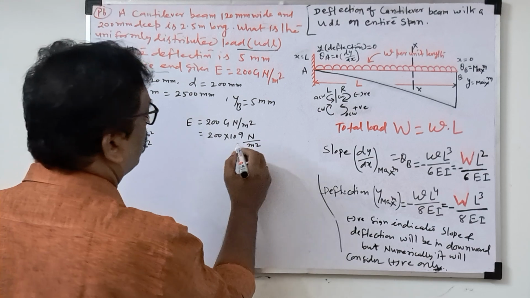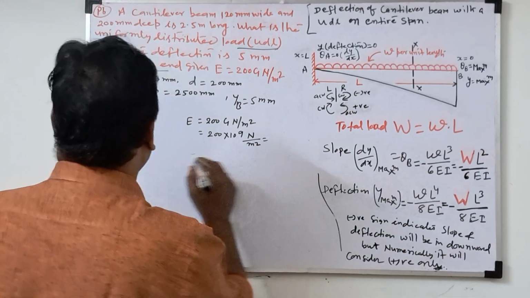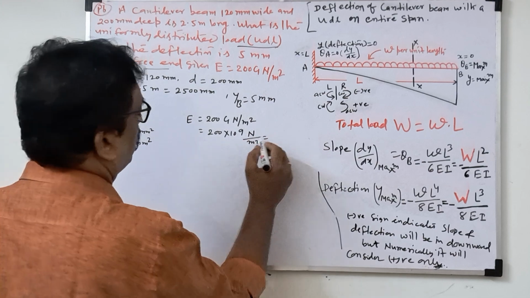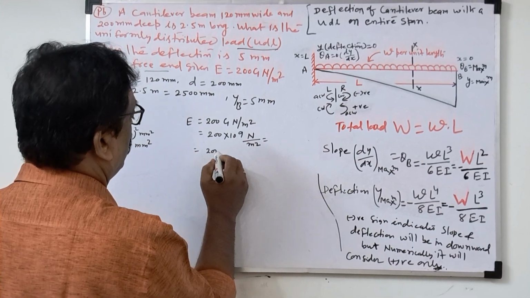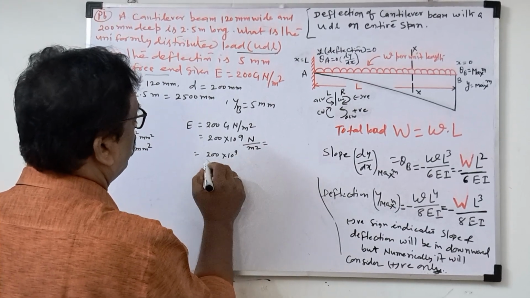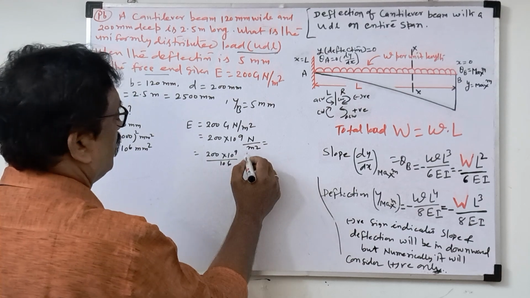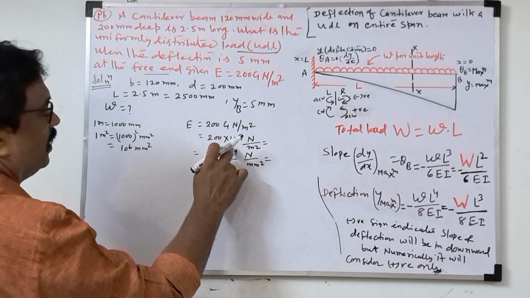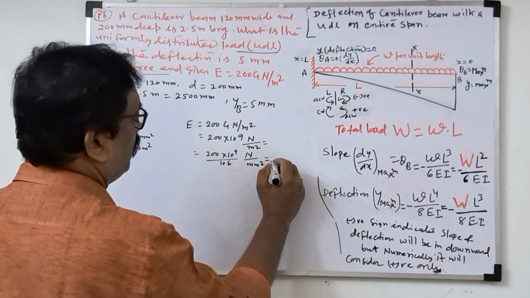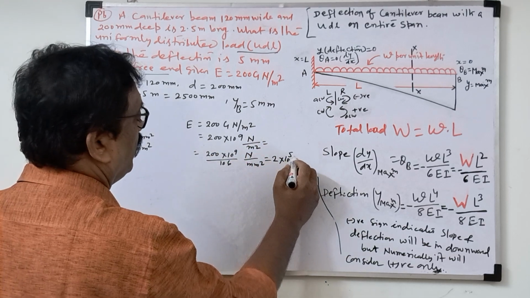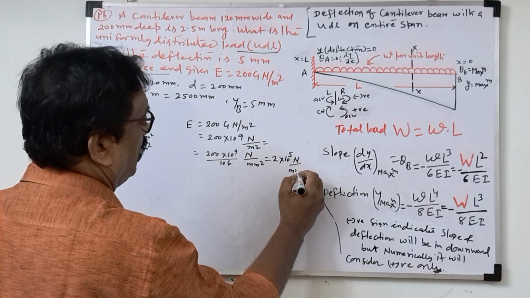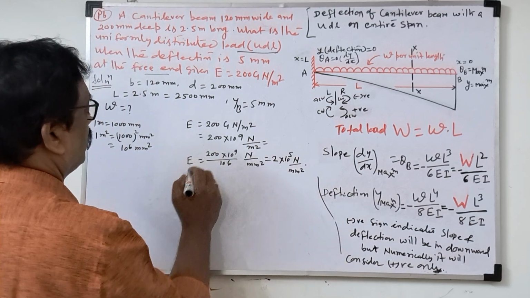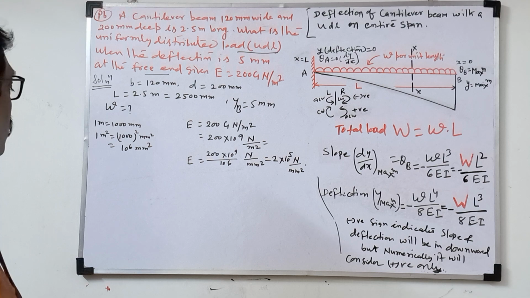So we write 200 into 10 power 9 divided by 10 power 6, which gives Newton per mm square. Solving, 9 minus 6 is 3, plus 2, 5. So 10 power 5 Newton per mm square is the value of the Young modulus.